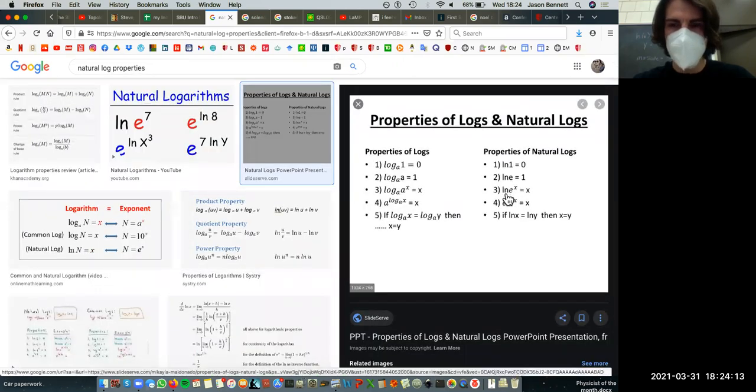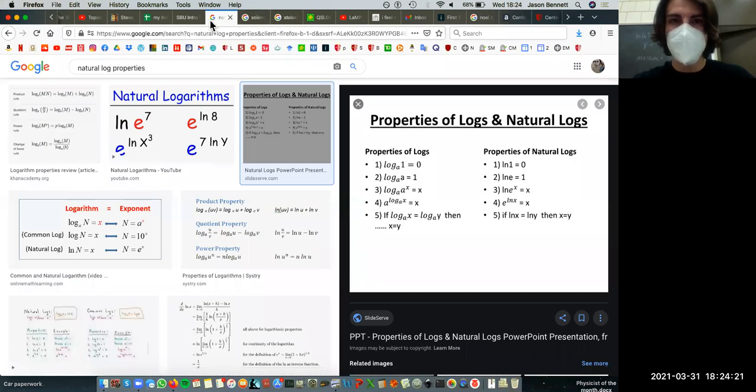So if you take the natural log of an exponent, those two kind of cancel, and you're just left with the argument up in the exponent, x. That's what they're doing here.